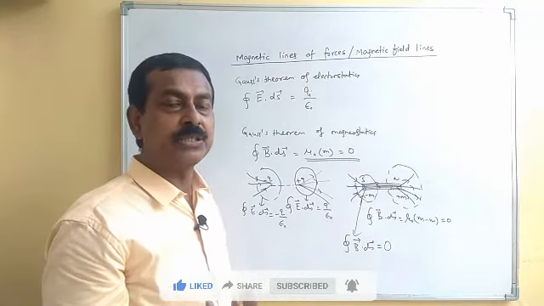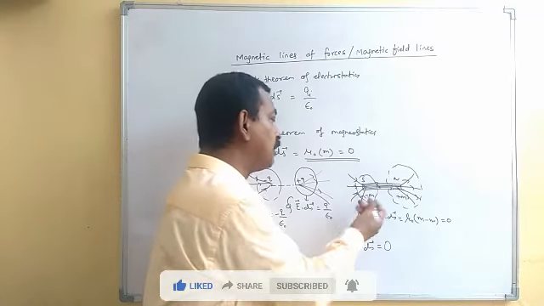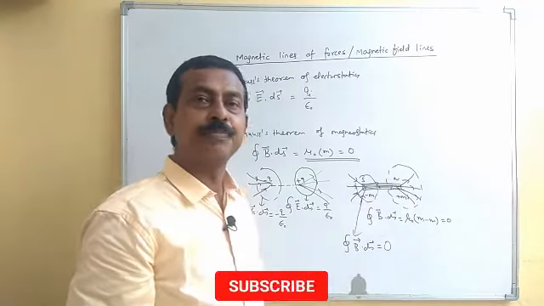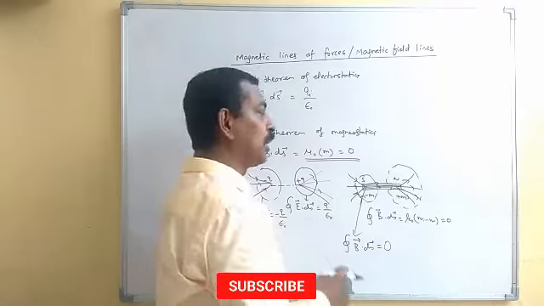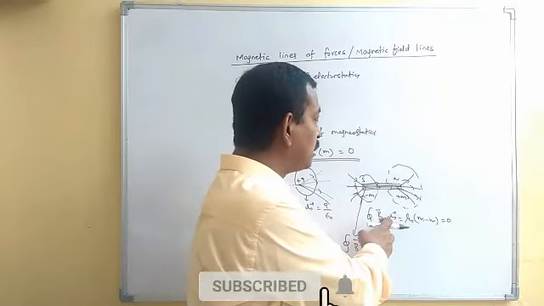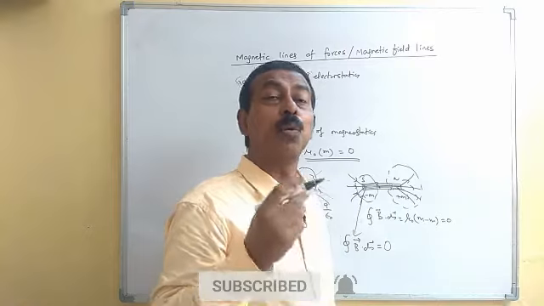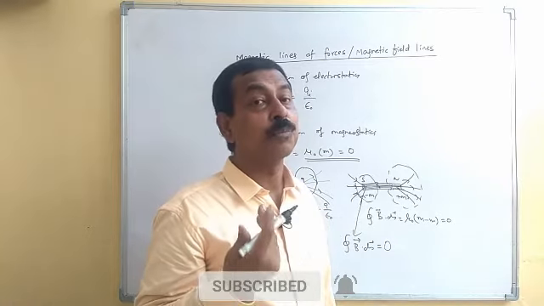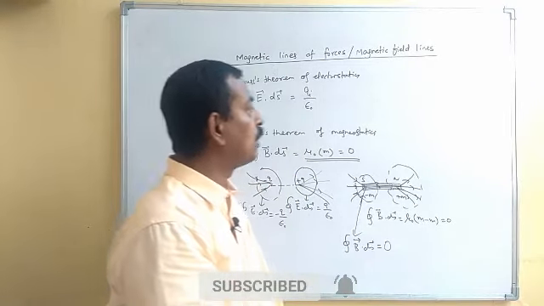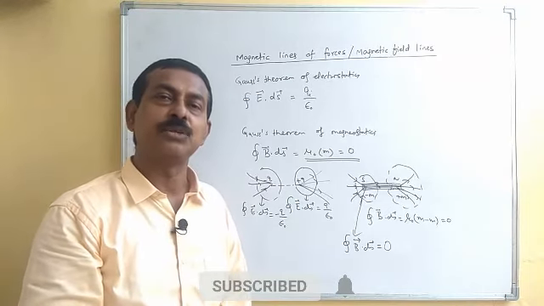We can get isolated charges there, but we cannot have isolated poles there. So this we can easily explain, why it should be 0 and why the magnetic lines of forces form closed loop. So this is all about the properties of the magnetic lines of forces.